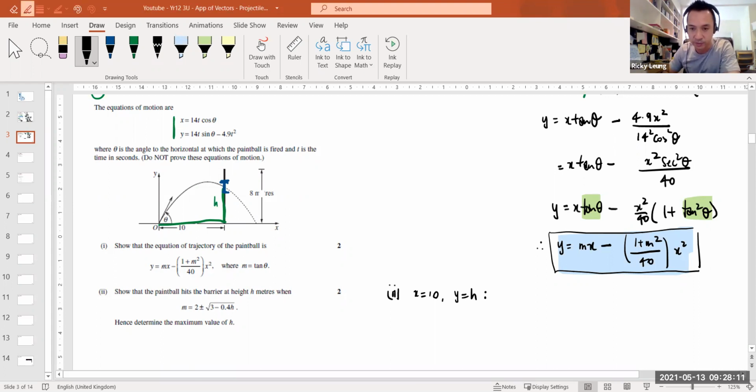So when I sub that in, I've got h equals 10m minus 1 plus m squared times 100 on 40, so that's 10 on 4. They want decimals, so maybe I'll turn that into 2.5 later.